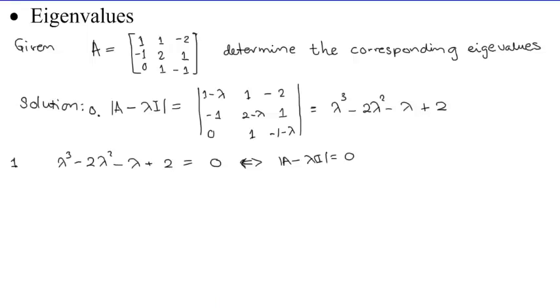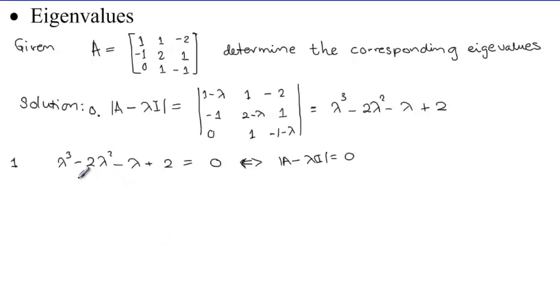Okay. Now, having arrived at this characteristic equation, we need to factorize it in order to get the roots of this polynomial, which will be the eigenvalues of the given matrix.